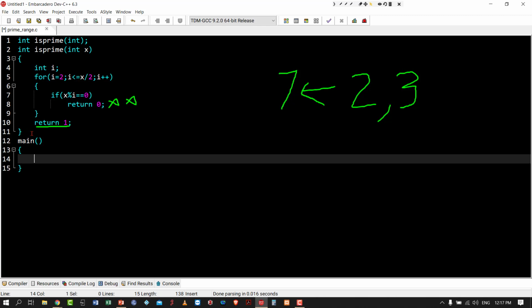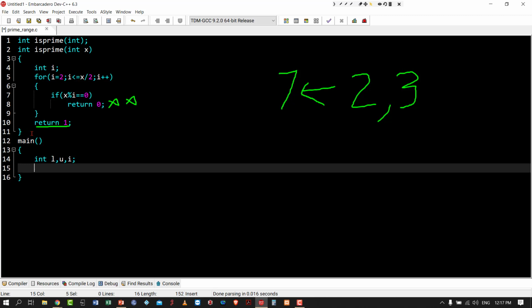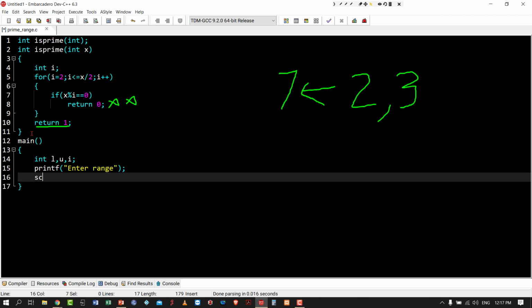So int L and U, lower limit and upper limit, I am declaring one more variable I. Printf enter range. Scanf %d, comma &L, comma &U.